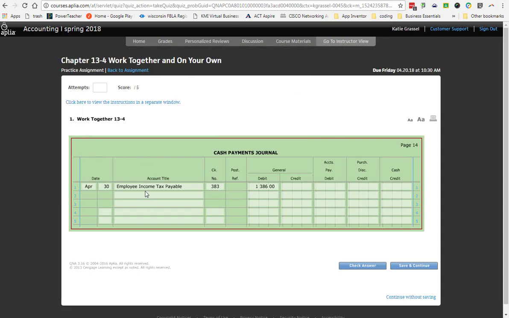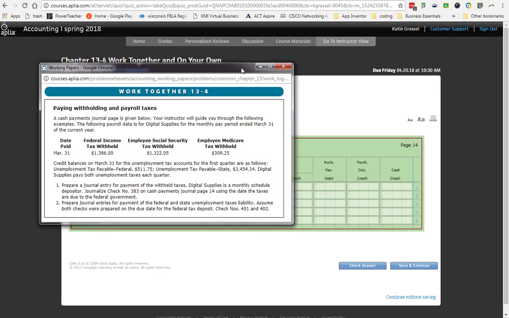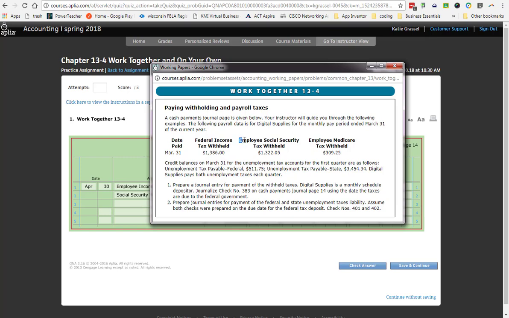The next one I have to fill in is going to be Social Security tax payable. Who has to pay Social Security? Both? What do you mean by both? Employer and employee. So when I read this line right here, it says employee Social Security tax withheld. So I cannot, must not, will not put in my journal right now $1,322.05.